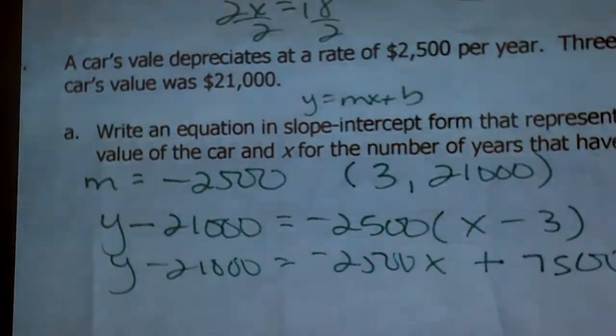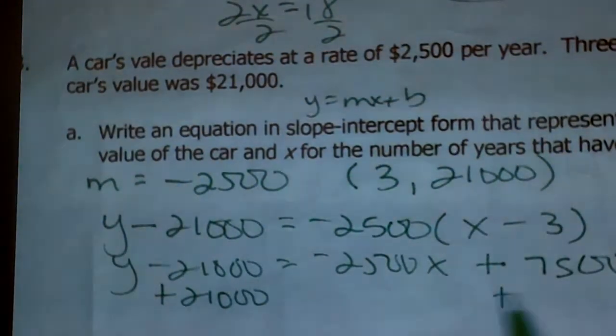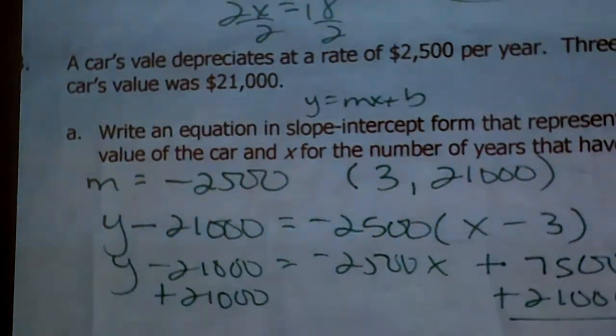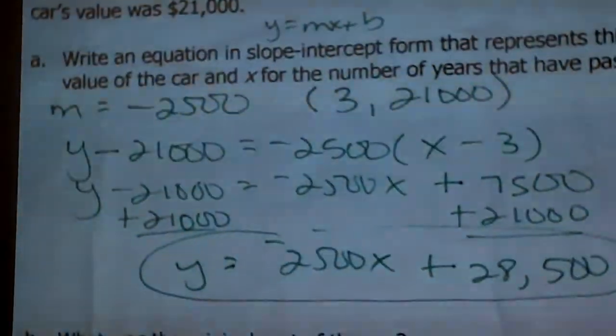I'm going to get rid of this 21,000 over here. So y is equal to negative 2,500x plus 28,500. There is your equation. Oop, it would help if you can see it.